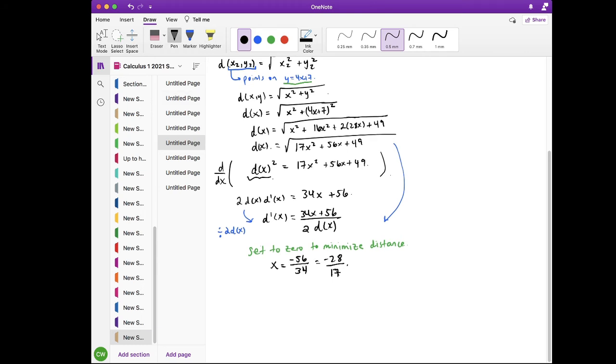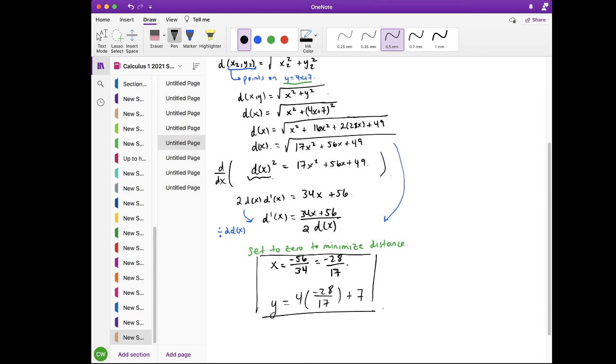Okay, cool. So this is x, and how do you find y? Yeah, the original equation was 4x plus 7. So whatever that is, that's the point.